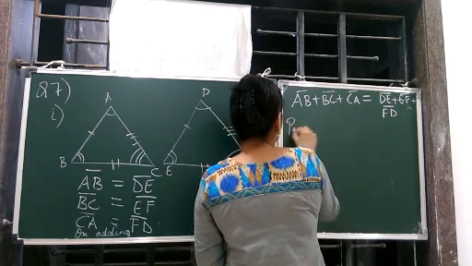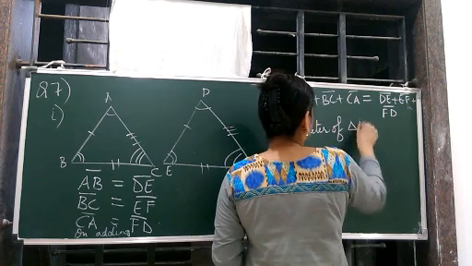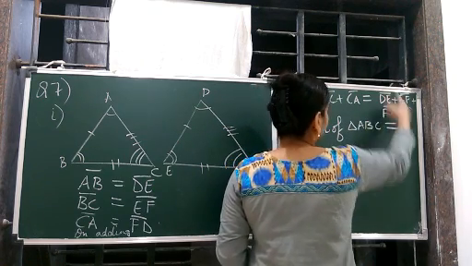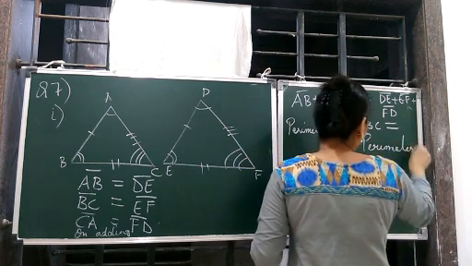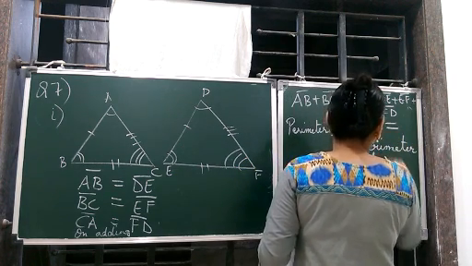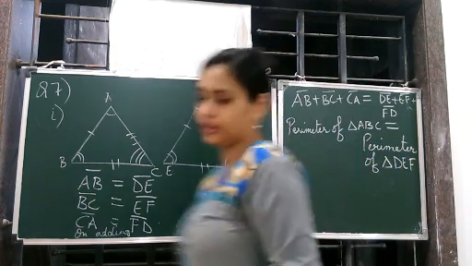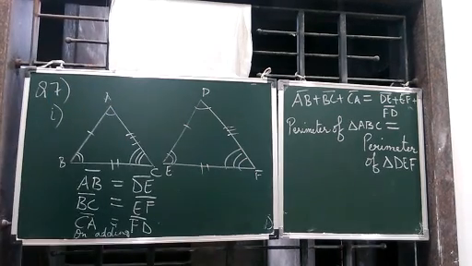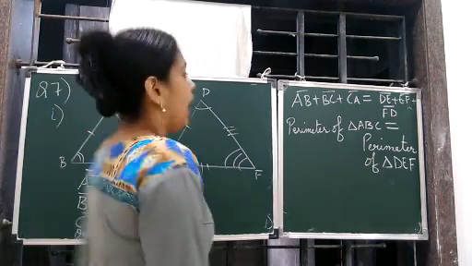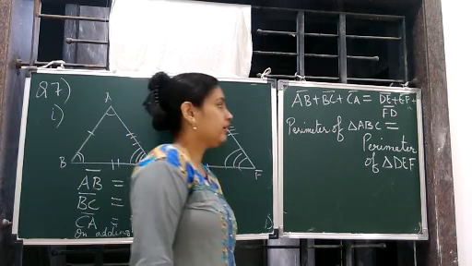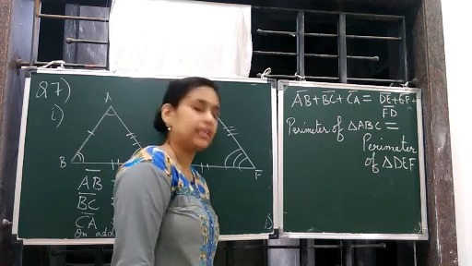So perimeter of triangle ABC is equal to perimeter of triangle DEF. When the triangles are congruent, the area is already equal, as given, because we are drawing it on a square paper. So area is equal, and if the triangles are congruent, then the perimeter is also equal.